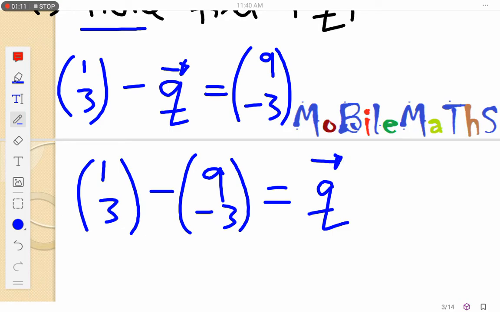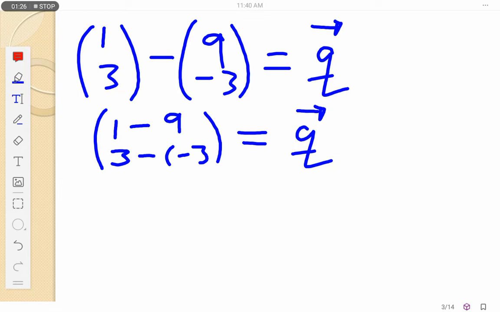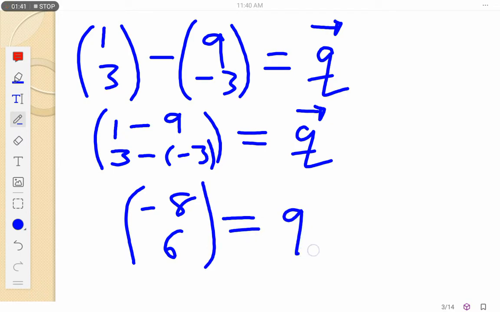The negative has changed to a plus. When I have this, it means I've got 1 minus 9 and 3 minus 3 is equal to q. Now 1 minus 9, what do I get? I get minus 8. Then 3 minus 3, I'll get a plus 6 there. So our q is this.